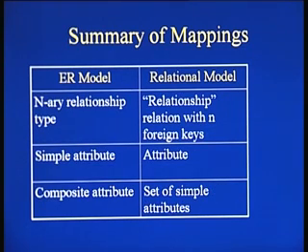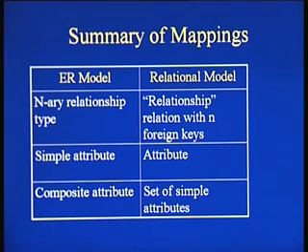If an n-ary relationship type is given, it is still the same strategy, that is we create a relationship relation with n different foreign keys, one for each entity type, as long as these entity types are strong entity types.